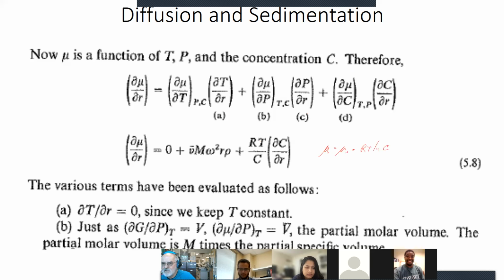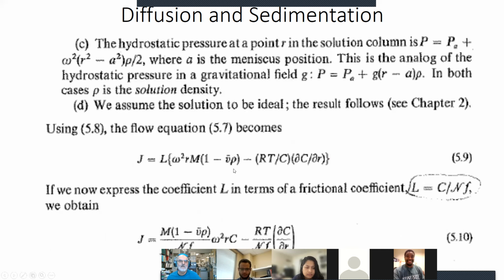And then if I take the derivative of this with respect to C, I get 1 over C dC/dr. So that's where this term comes from, and that's shown at the top of this slide here.